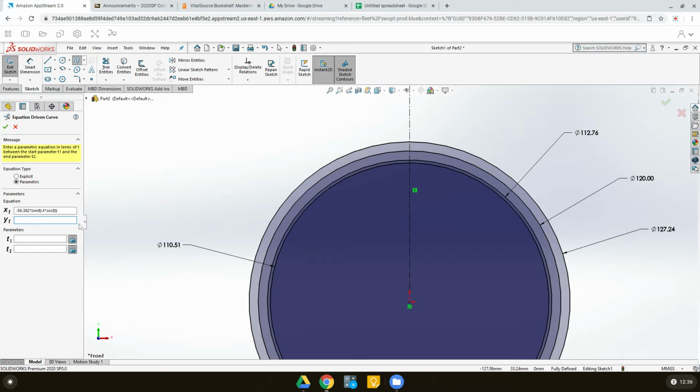And if you make mistakes, if you forget some multiplication or some parentheses, you will see some text show up in red color, so you know that there is a mistake.